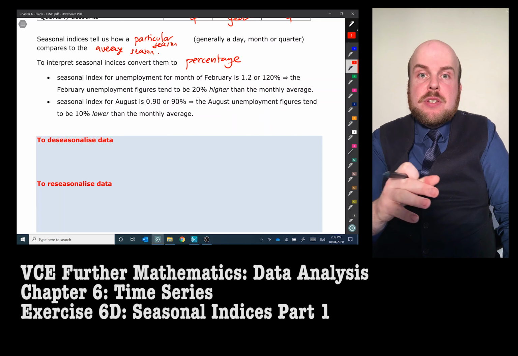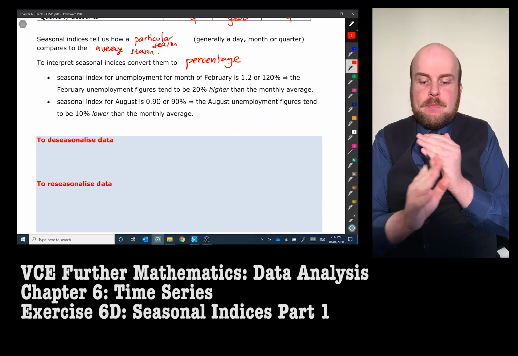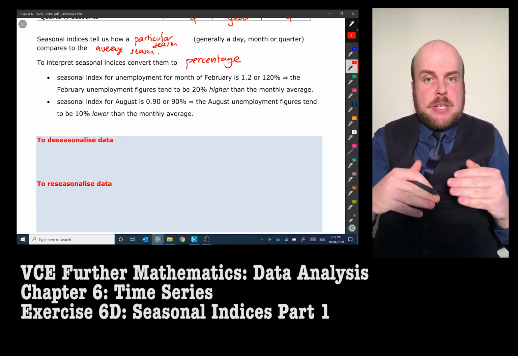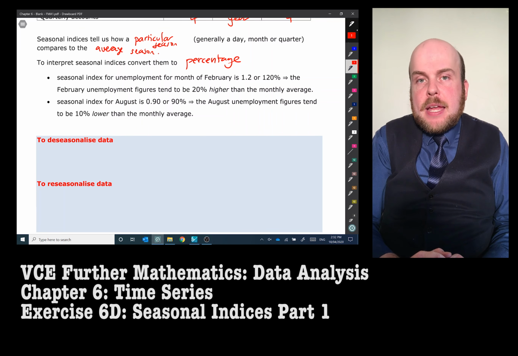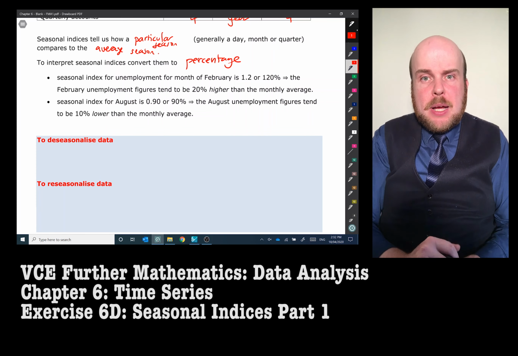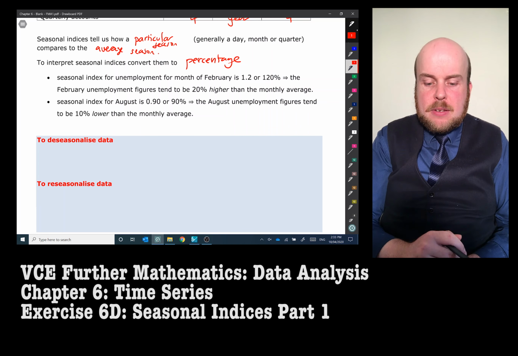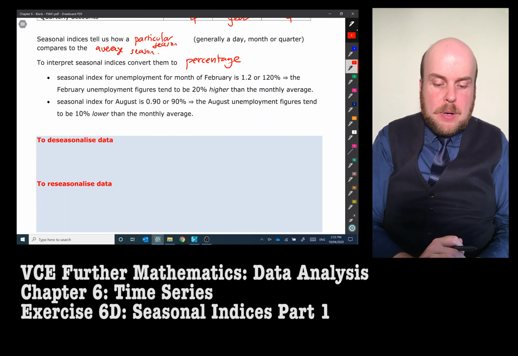The average unemployment, we shrink down to the number 1. Then we measure how each month fares against that average. For example, if August is 0.9, multiplying by 100 gives 90%, which tells me that August is 10% lower than the monthly average.